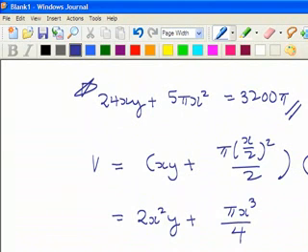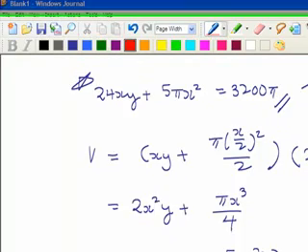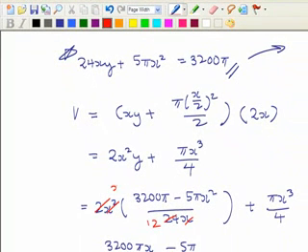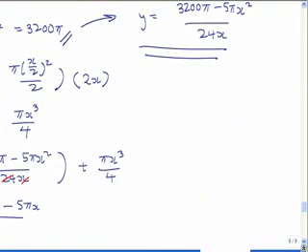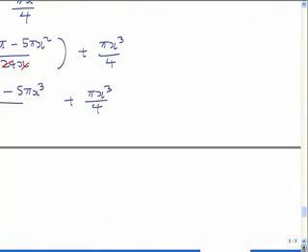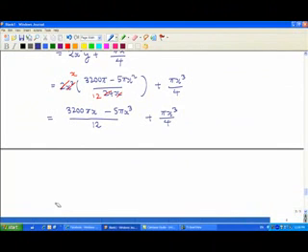Okay, let's do this, this is over 12. So what I do is I cancel 12, cancel x. This will leave me with this, and minus 5 pi x cubed plus pi x cubed over 4. Okay, so continue with the simplification.